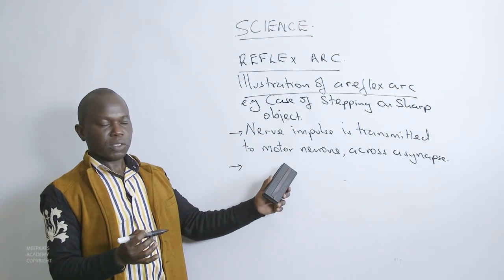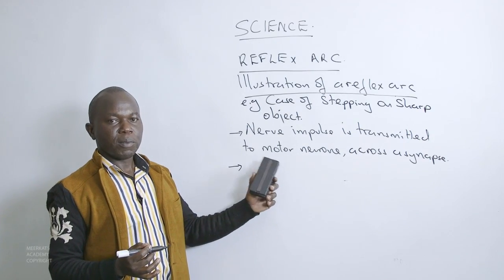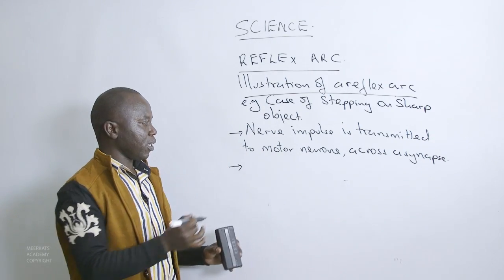Then in the motor neuron, we are going to have a motor response to effector organs.